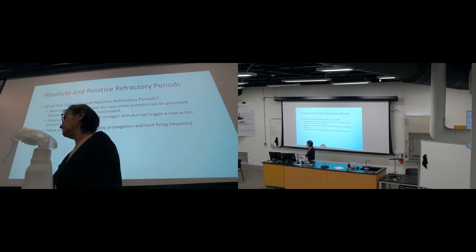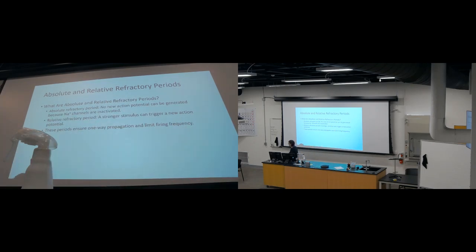And then we have a period of time in action potentials where you cannot elicit a secondary action potential. And this period of time can be subdivided into absolute or relative. Refractory means that you resist.